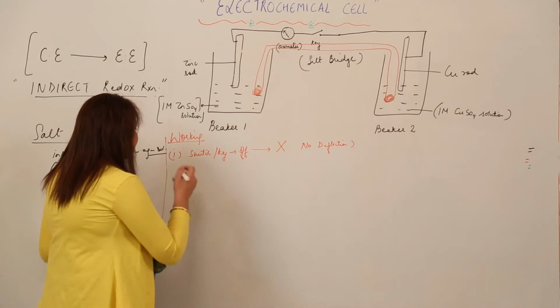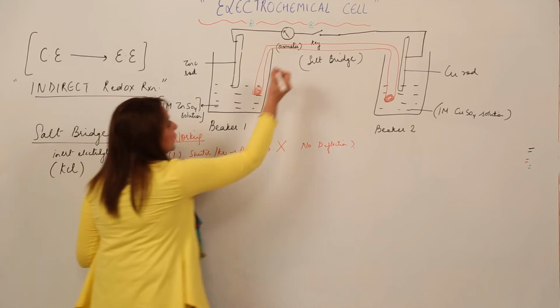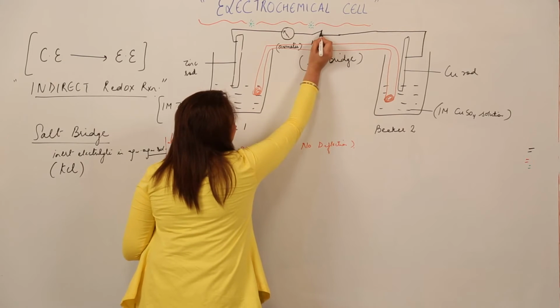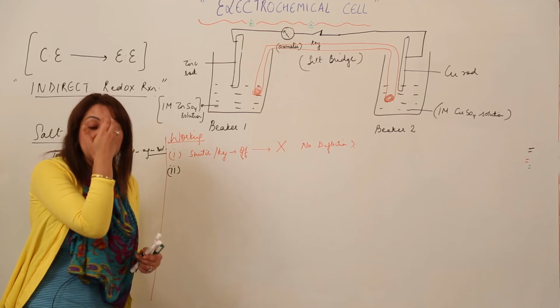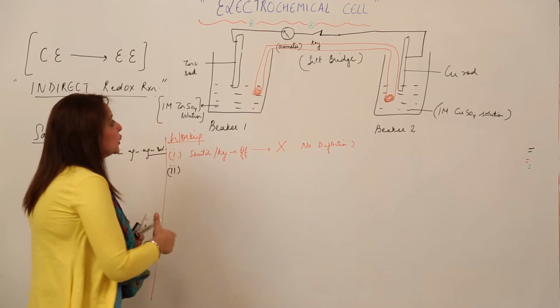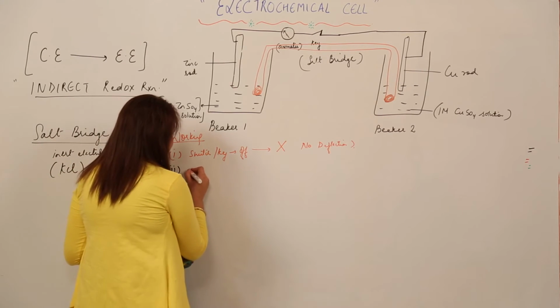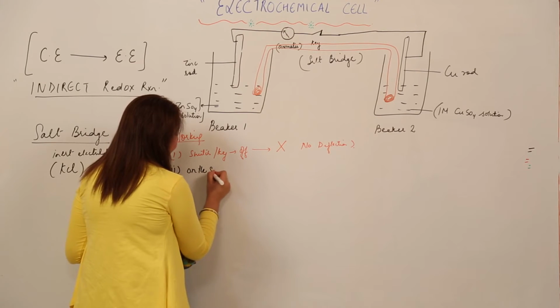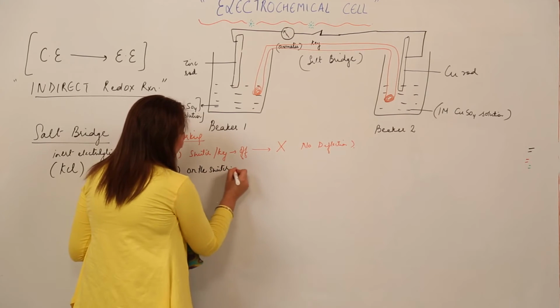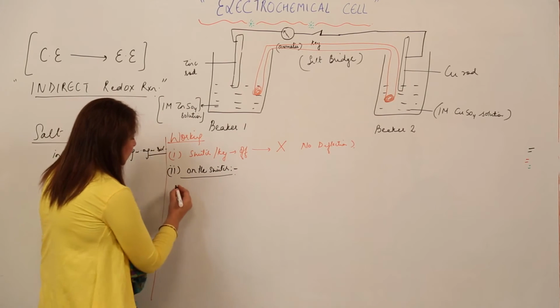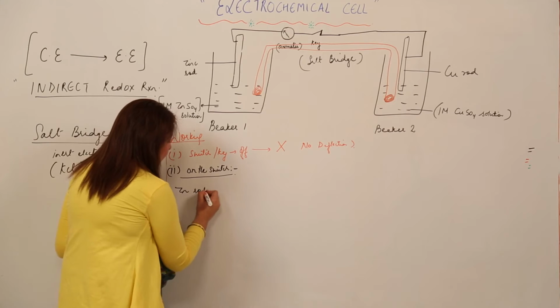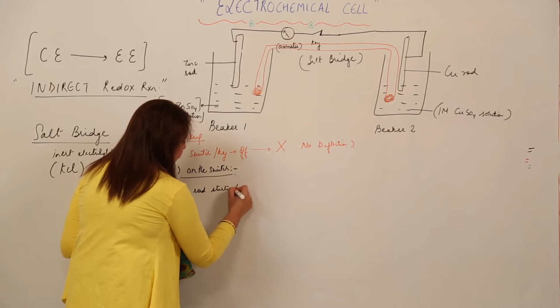Then what we do is we switch it on now. Look, I've switched on this key, you can use the word key or switch. So what happened, we switched it on, then what we get to see is that this zinc rod starts losing weight.